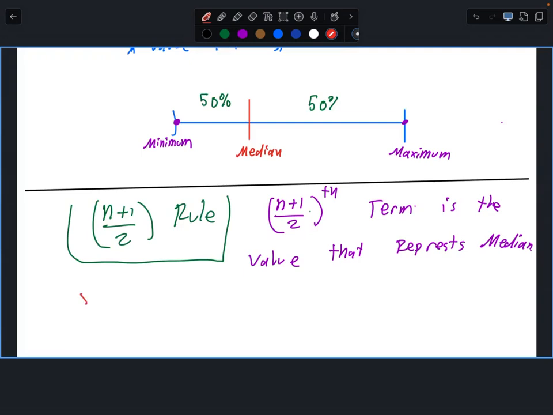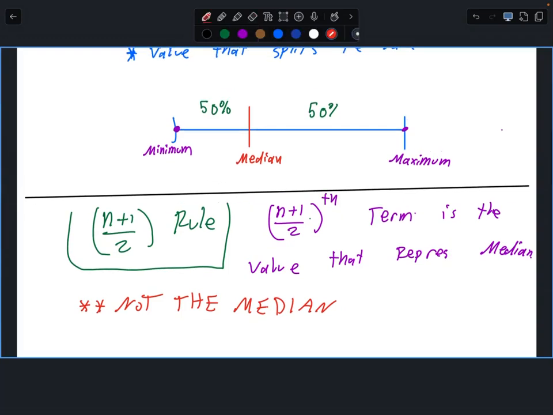I'm going to put a little note here in red. It is not the median. Why am I writing this? Why am I saying it is not the median? What do I mean by this? Can someone explain? It represents the median and not the real median. So it tells us, ooh, I can't spell first off, represents.